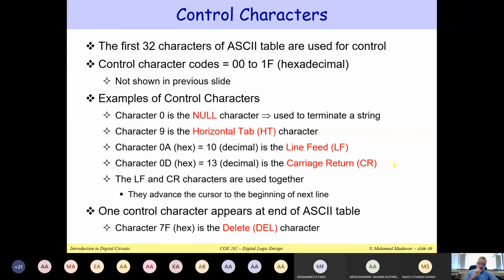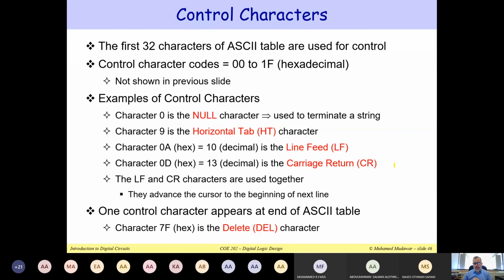These control characters can control the movement of the cursor, or they can mark the end of a line in a text file. Every line must be terminated with a line feed, and sometimes they use line feed and carriage return, so 2 control characters, to mark the end of each line.